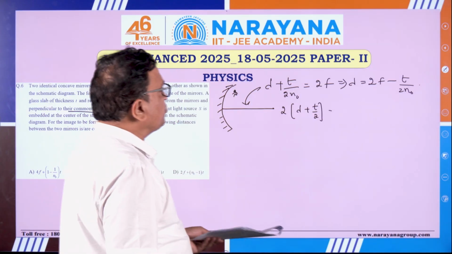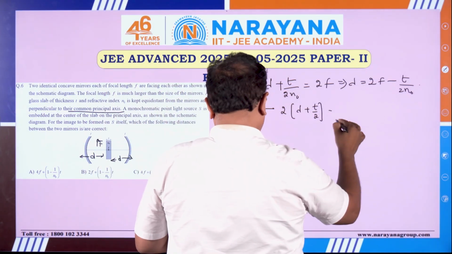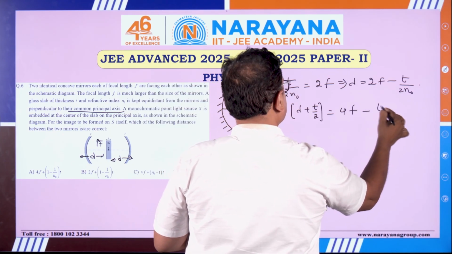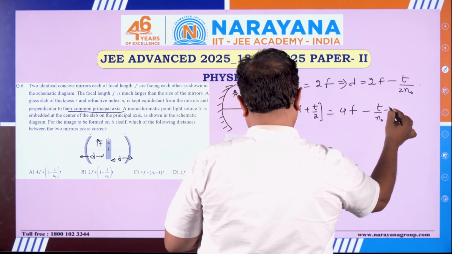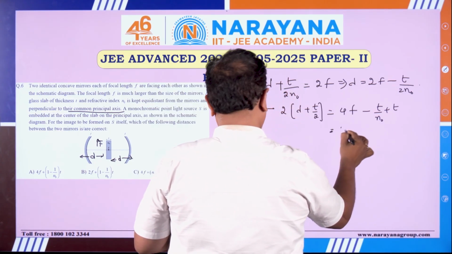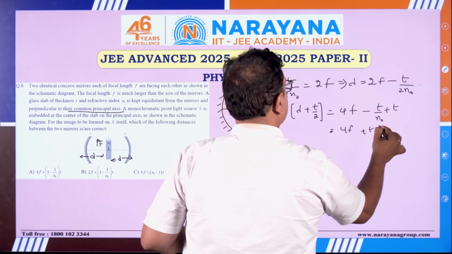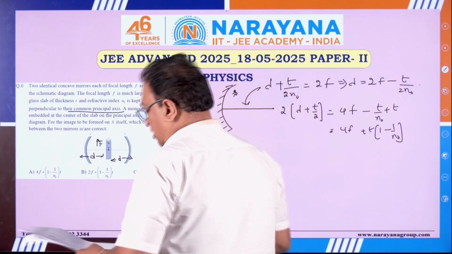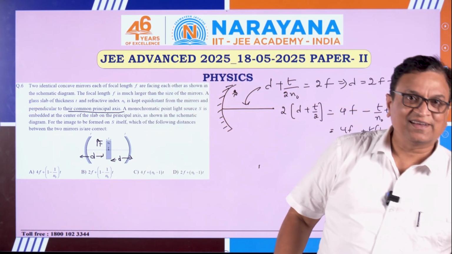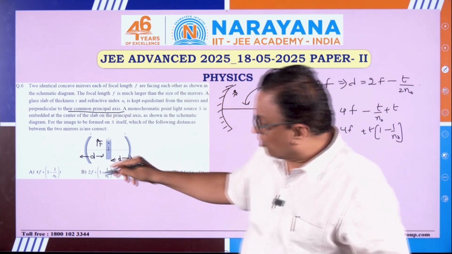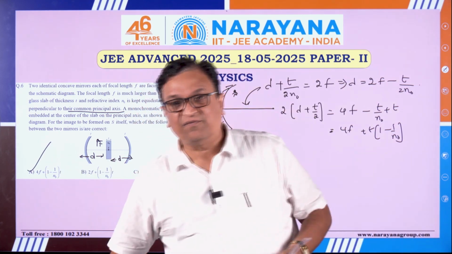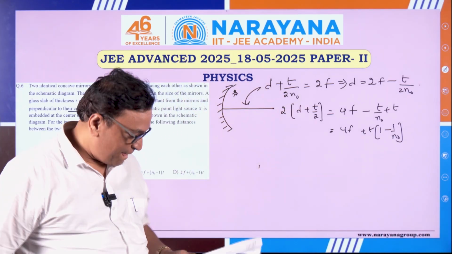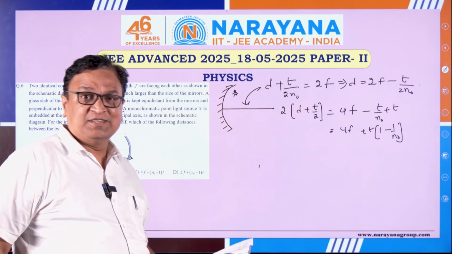Just to substitute that, you will get this value as 4F minus T by N0 plus T. Otherwise, 4F plus T times 1 minus 1 by N0. Boys and girls, option A is absolutely fit for this. Now the question is, is this the only possibility?